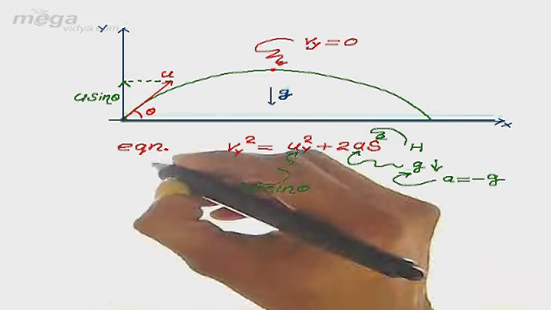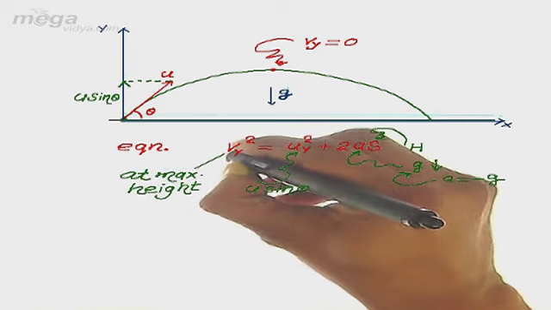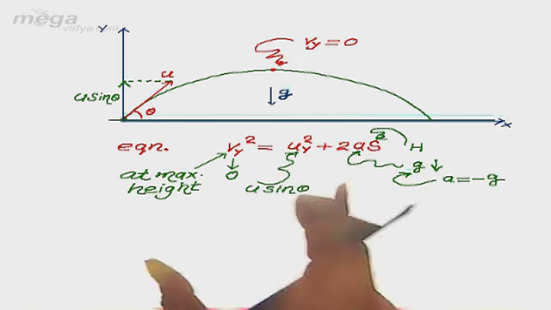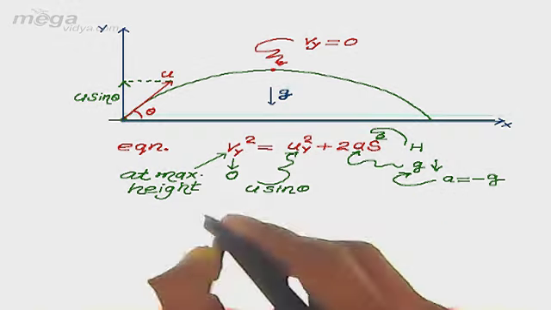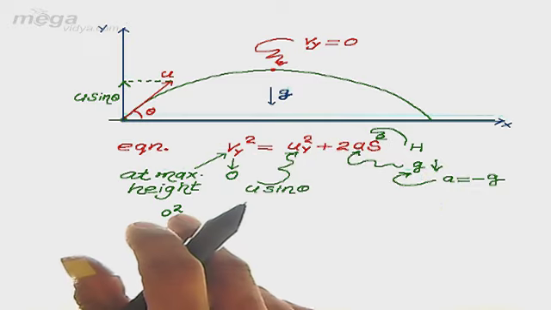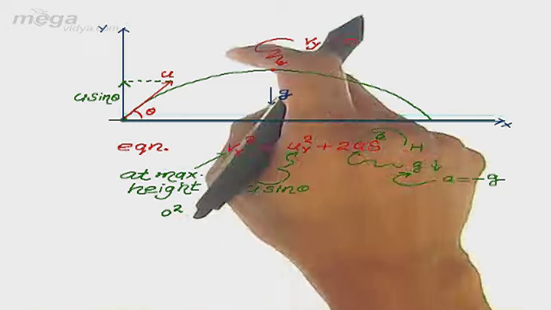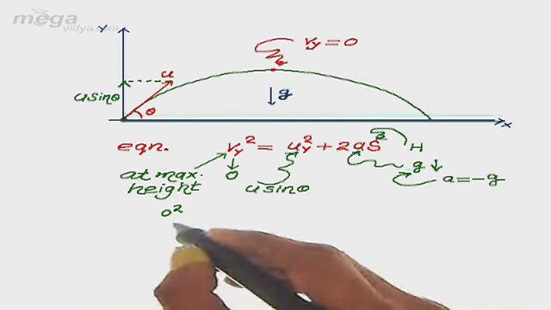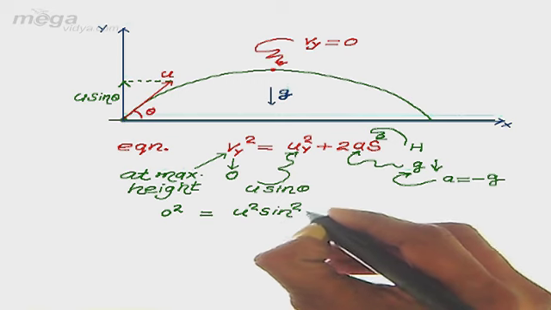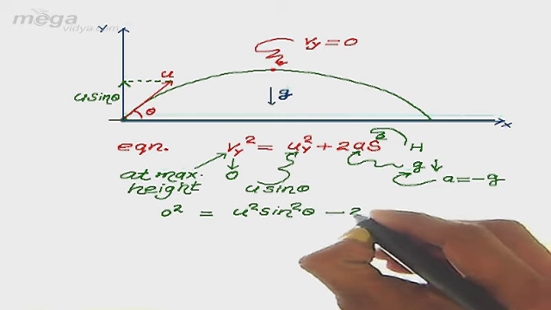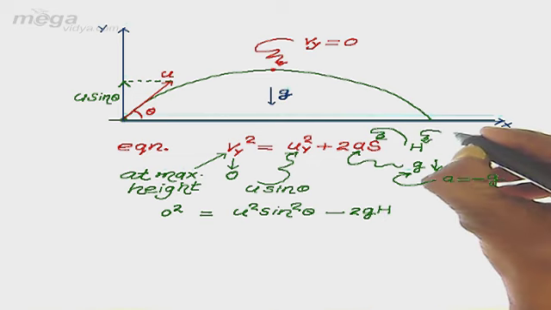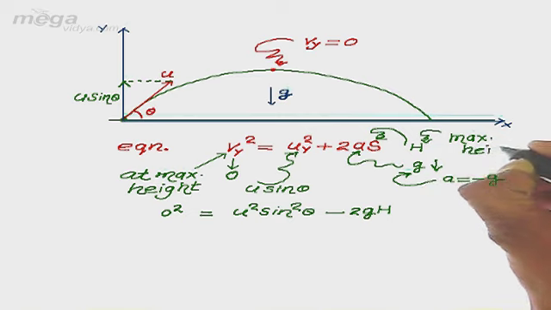At maximum height, this velocity Vy will be taken as 0. Using these values in this equation, we can write 0 square, that is Vy square, since I have put the value of Vy at the maximum height to be 0, equal to u square sine square theta minus 2 times g into h. Here h is the maximum height of the projectile.